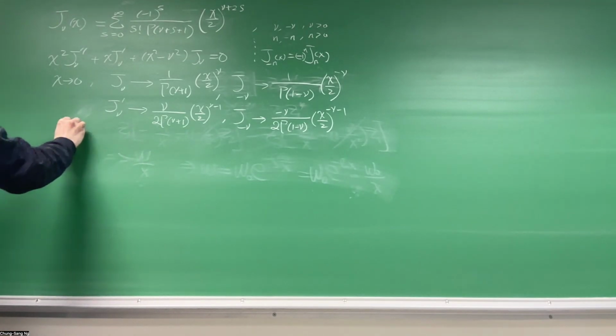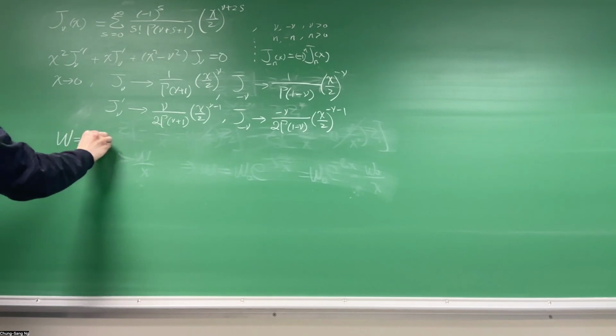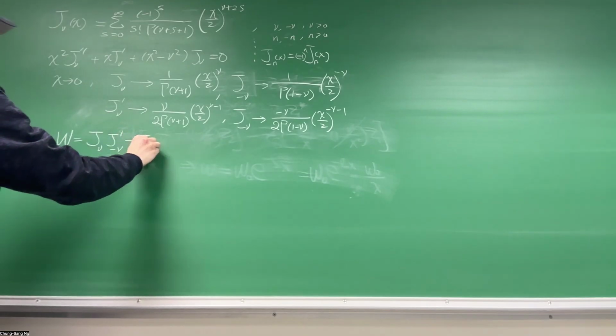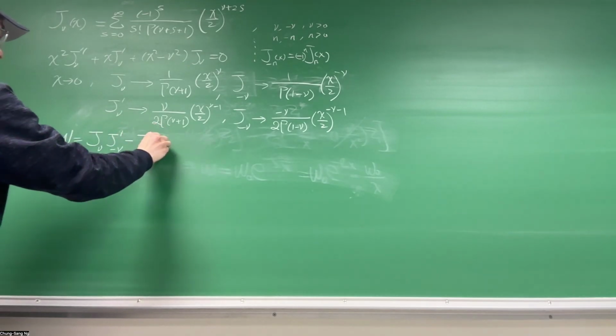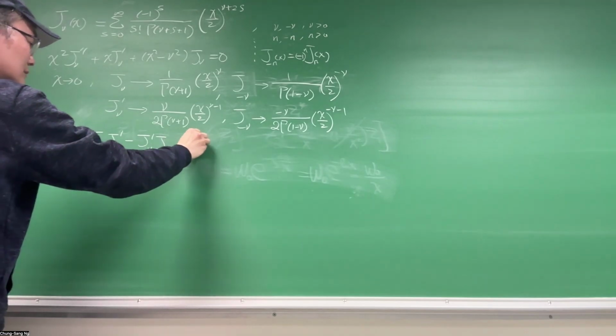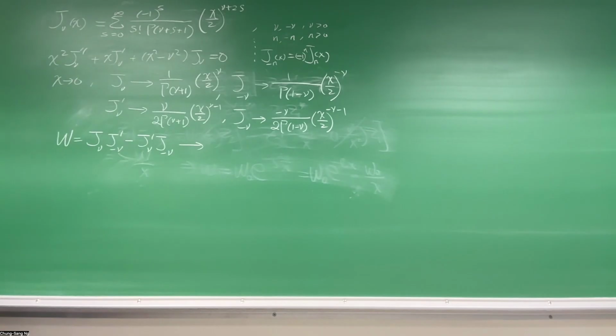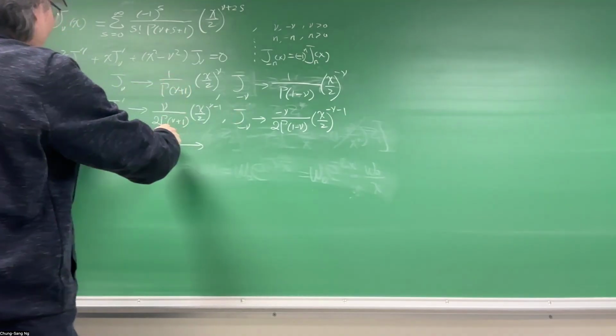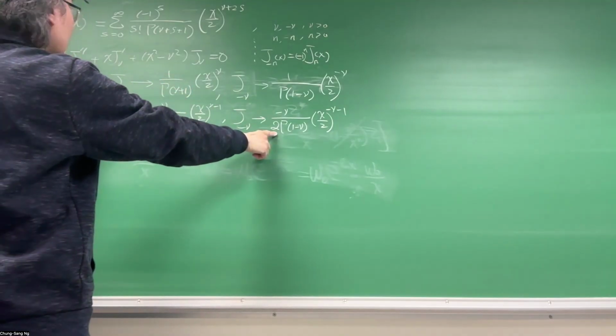So the Wronskian is defined as J nu J minus nu prime minus J nu prime J minus nu. Now that one is using this limit of x going to 0. Just plug in everything. You have this times that.